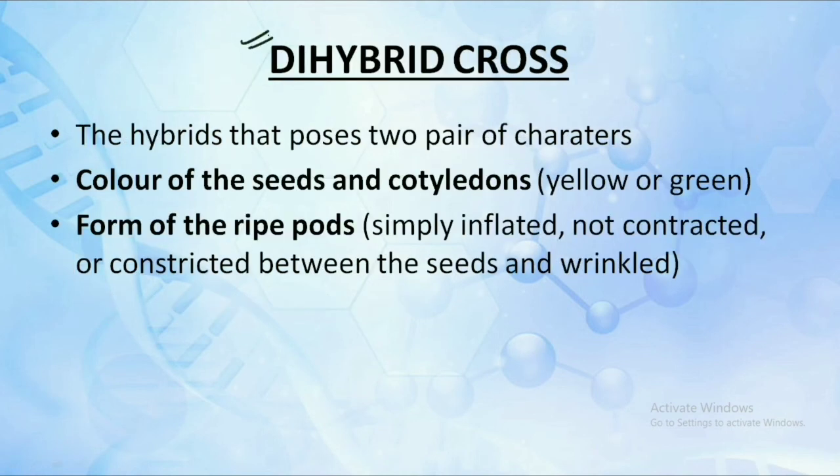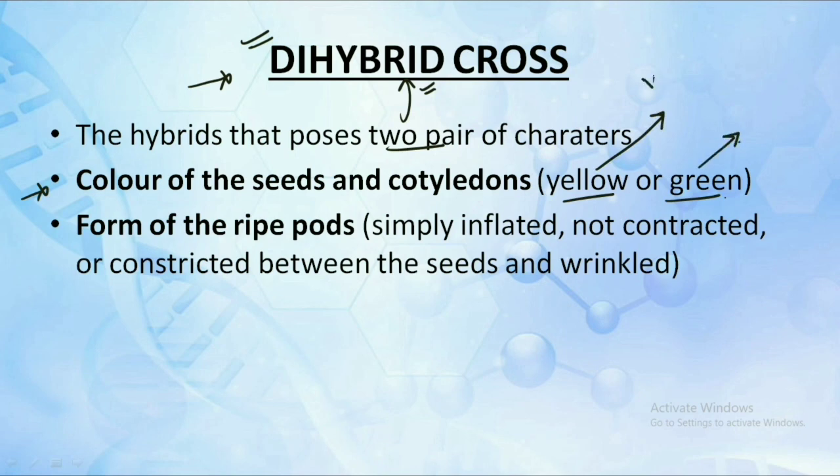We will just revise the dihybrid cross in this video because I have explained this complete cross in the previous video itself. In the dihybrid cross, we take two characters into consideration, hence it is given the name dihybrid. The first character was the color of the seeds and cotyledons, that is either yellow or green, in which yellow is dominant over green.